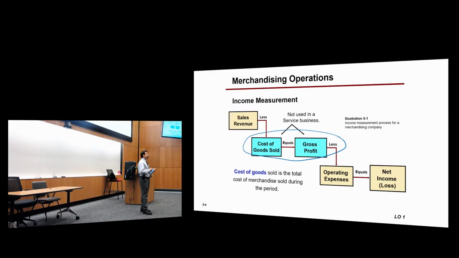But merchandising companies have to pay for their employees. They have to pay for the rent and utilities, etc., regardless of sales, regardless of the number of products they sell. Okay?